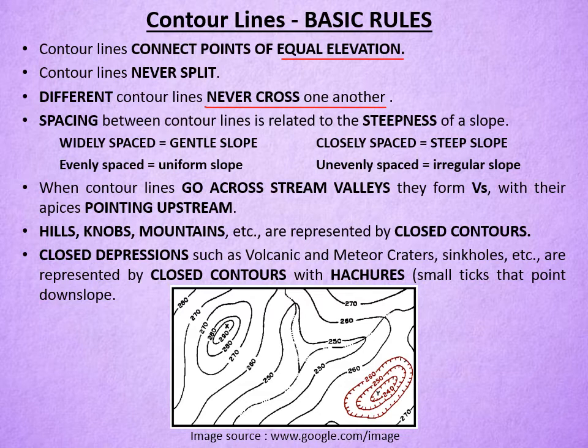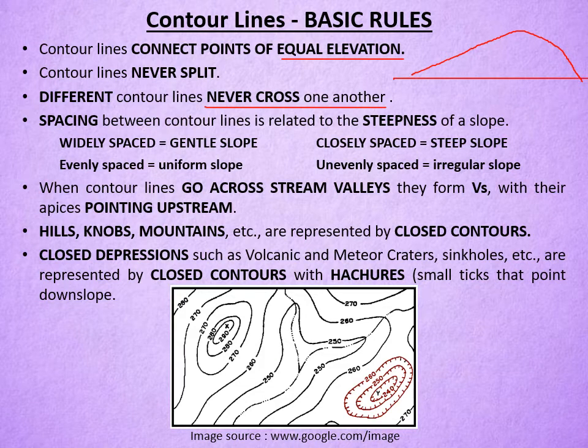Spacing between contour lines, that is the contour interval, is related to the steepness of the slope. As you see in that hillock picture, when the contour lines are widely spaced, that indicates a gentle slope. Say, for example, suppose this one is a hillock, what you observe in the field.